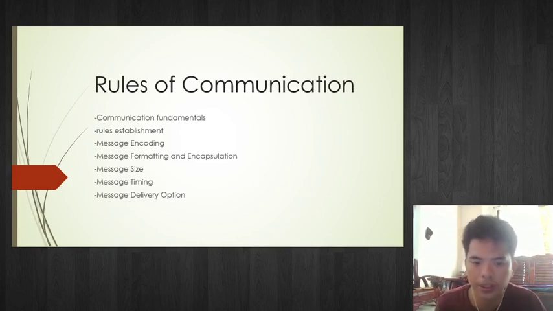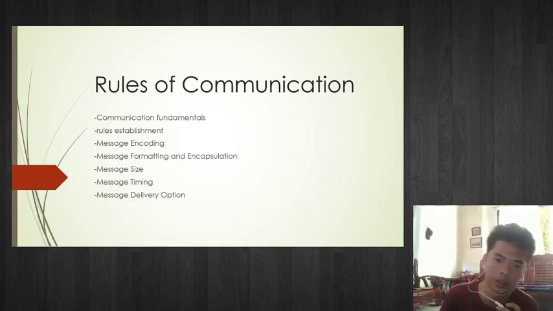Next, message encoding. One of the first steps to send a message is the process of converting information into another acceptable form for transmission. Decoding reverses this process in order to interpret the information.